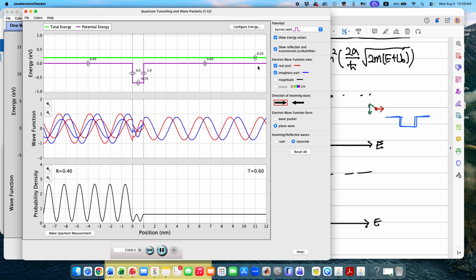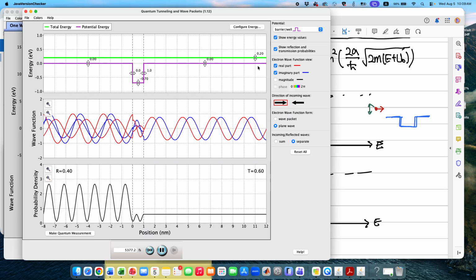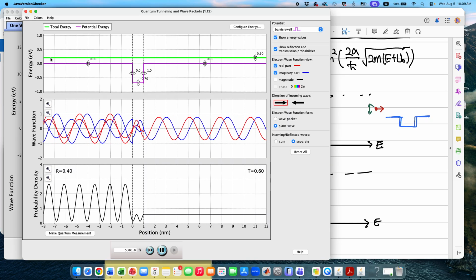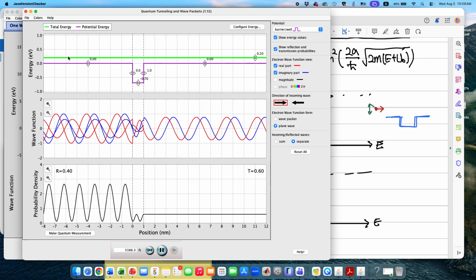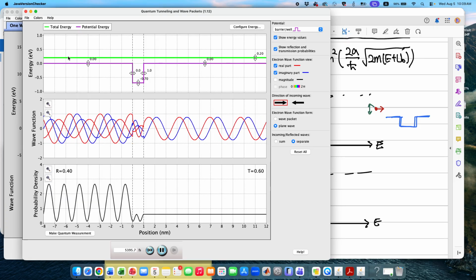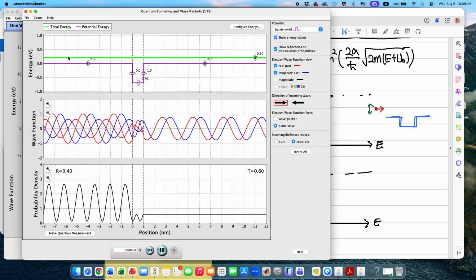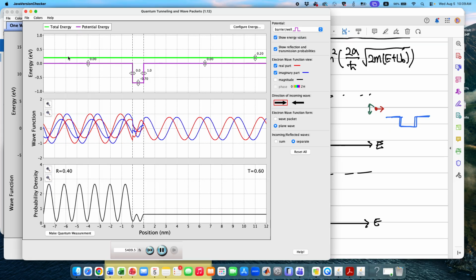Again, this is unlike a bulk case. For a bulk case, if you send the particle from left to the right, just above the barrier, 100% of the particle will be transmitted, right? But for quantum mechanics, some are reflected and some are transmitted.